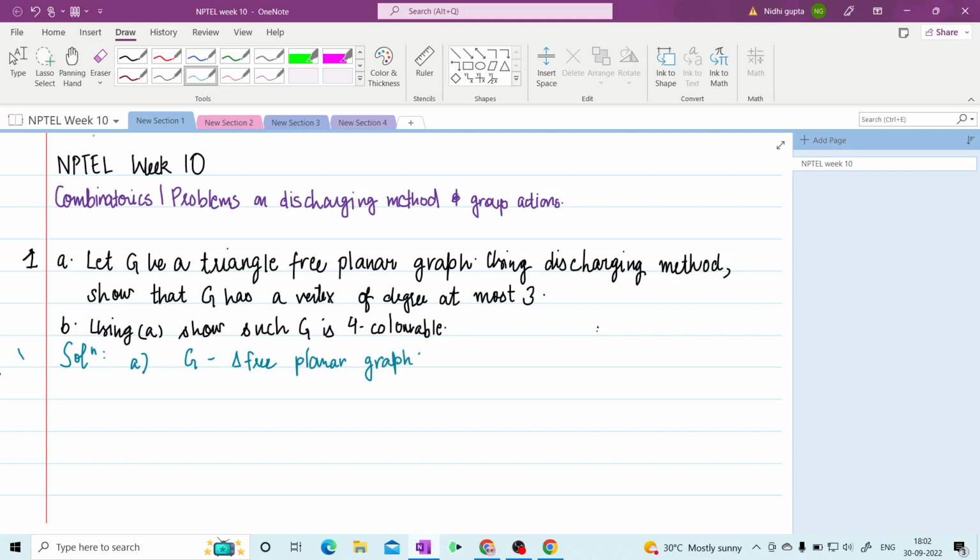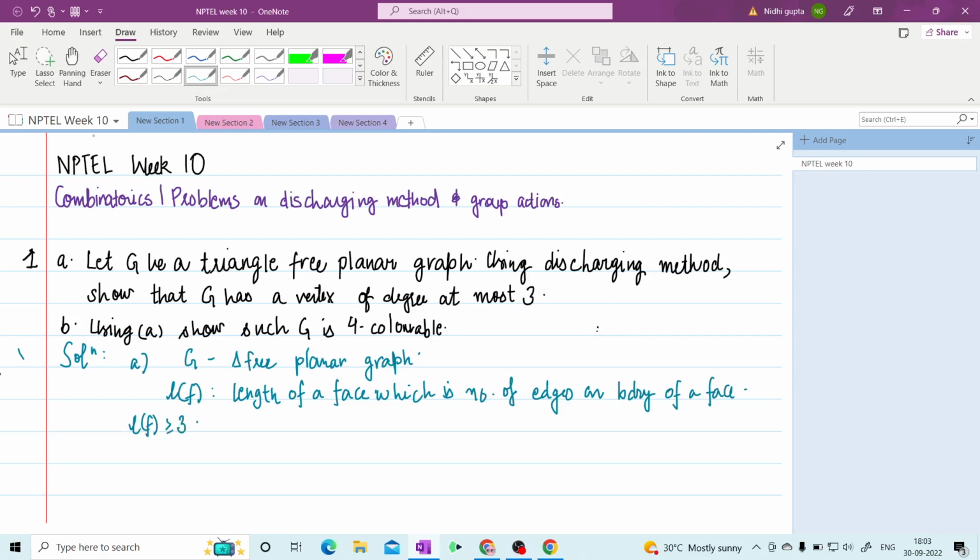If LF is the length of a face, which is the number of edges on the boundary of a face, then since G is triangle free, LF is greater than or equal to 4.